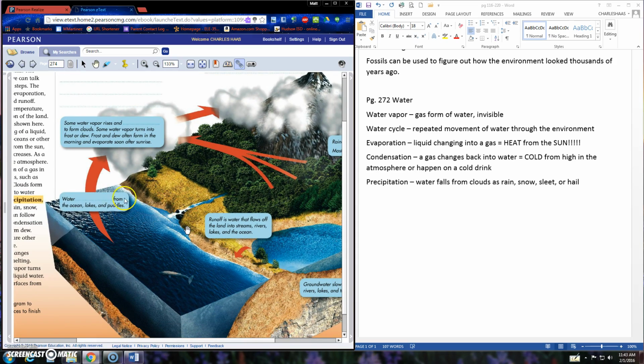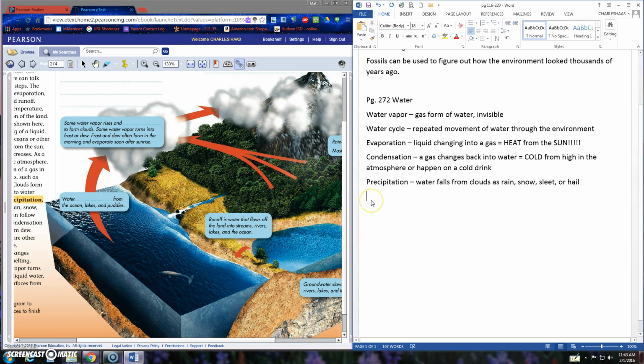Now, they didn't list this one, but this big area right here on the bottom part of your book can also be called the collection area. Any area where water collects on Earth's surface can be called a collection area.